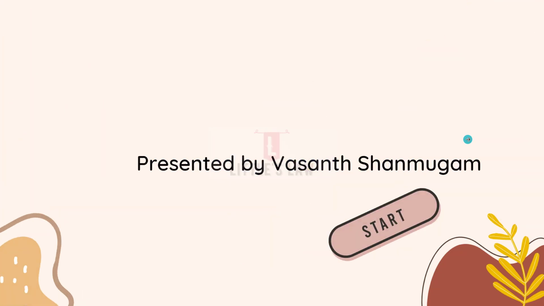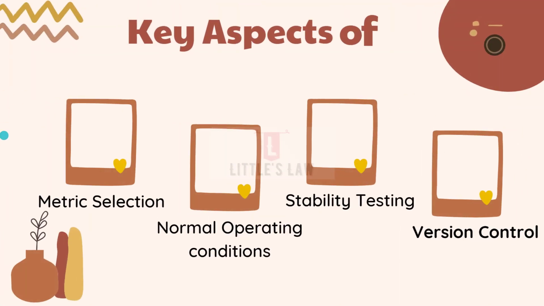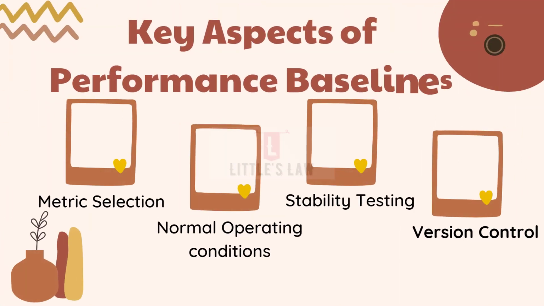So now let's move on to the next point, which is the key aspects of performance baseline. The first thing is metric selection. We have to identify and document the key performance metrics which are relevant to our application or system, and this can include metrics such as response times, throughput, error rates, and resource utilization.